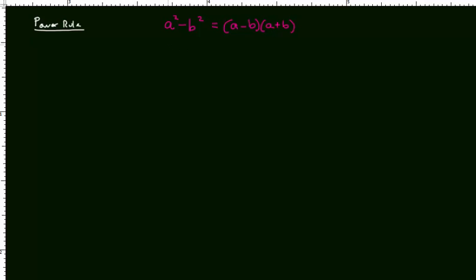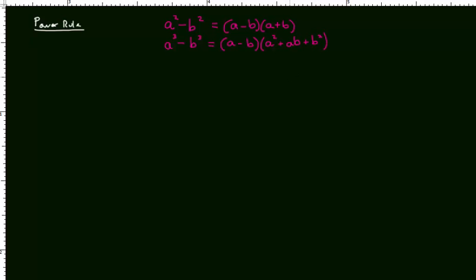Good. How about a cubed minus b cubed? A little more difficult, yeah? So I'm going to factor out an a minus b, and then I'm left with a squared plus a b plus b squared.